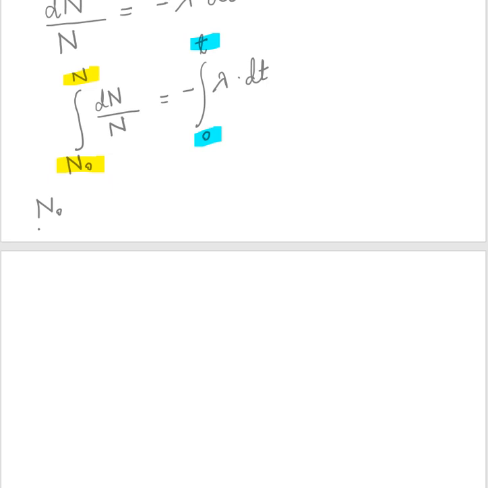You need to have some nuclei for a process to occur. So the number of nuclei was n naught, and the final number after the decay, what was left to us, was n.